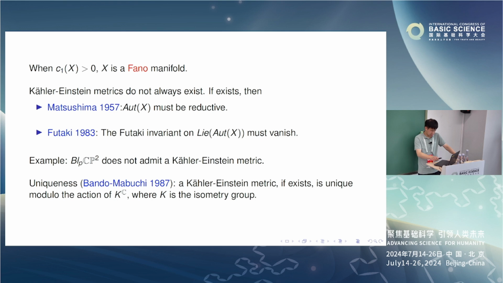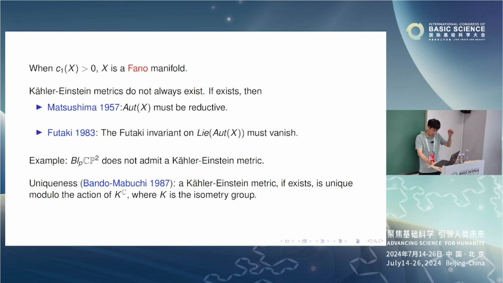So this is on the Lie algebra of the automorphism group of X, that's the Lie algebra of holomorphic vector fields on X. So it's always defined, and if there's a Kahler-Einstein metric, then this has to vanish. We will not define it now, but we'll come back to this later.